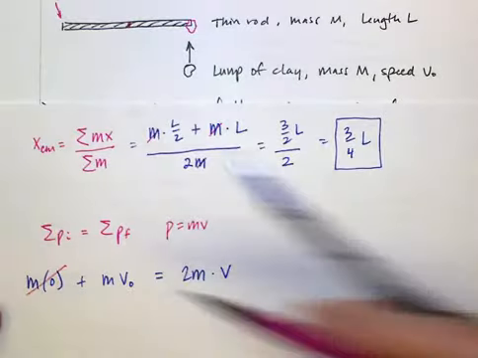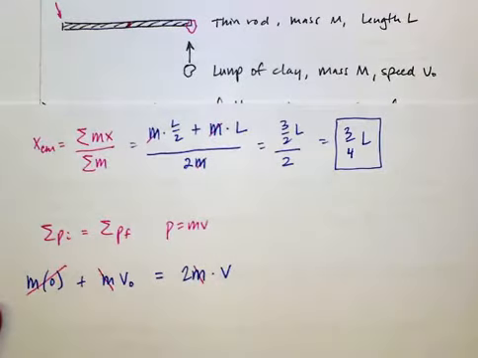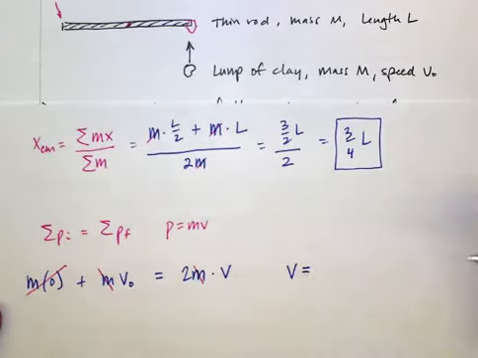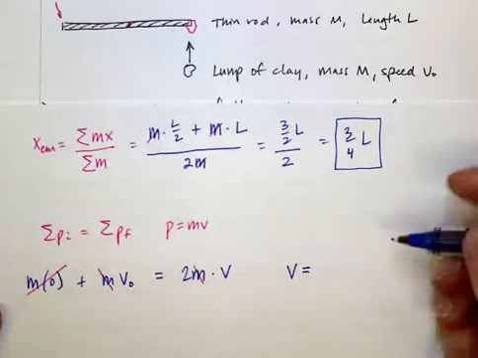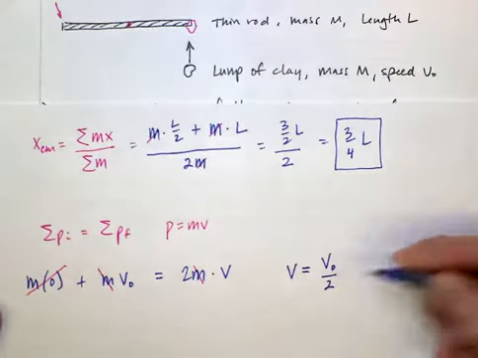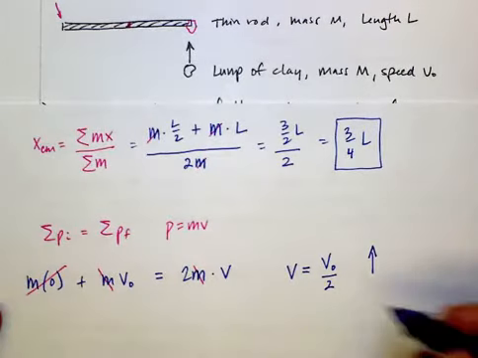That's 0. These masses cancel, and so we find that the velocity of the center of mass, the translational velocity of the whole system, is v sub o over 2 and it will continue to point in that same direction, upward.